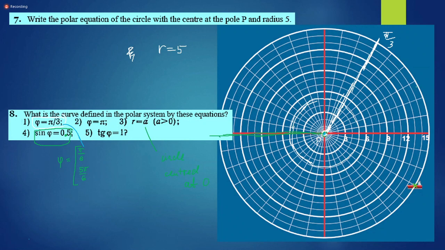We have an angle that has exactly the same sine value on the opposite side with respect to the vertical axis.